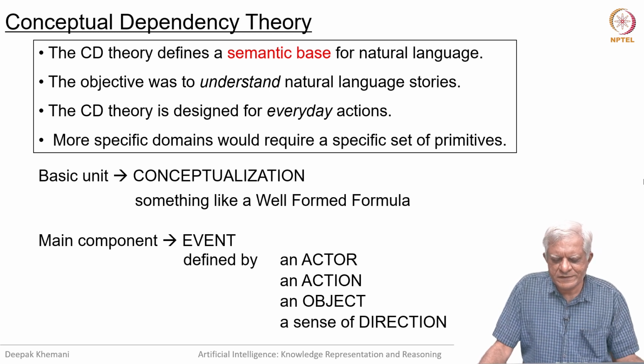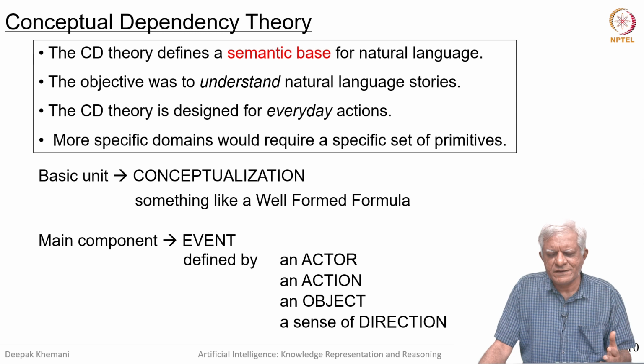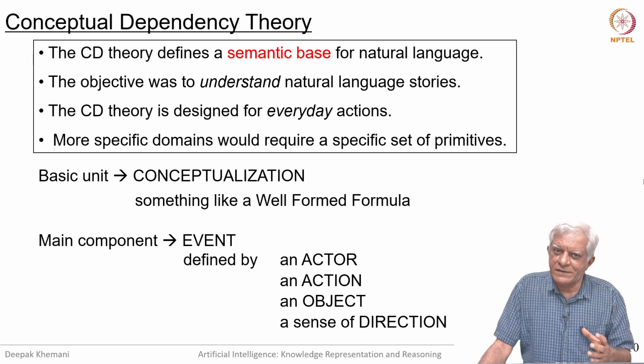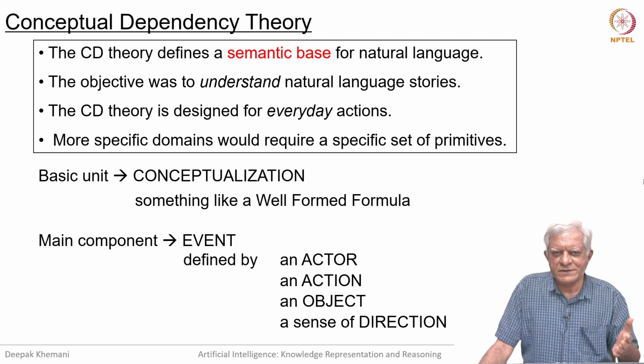What I would say is that we should study the way this works, and if you want to design a language something like CD theory for a special domain, we can do that, and then we can map the translations from English which is talking about those concepts into this thing.